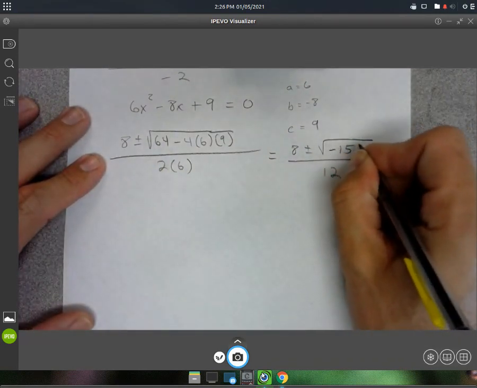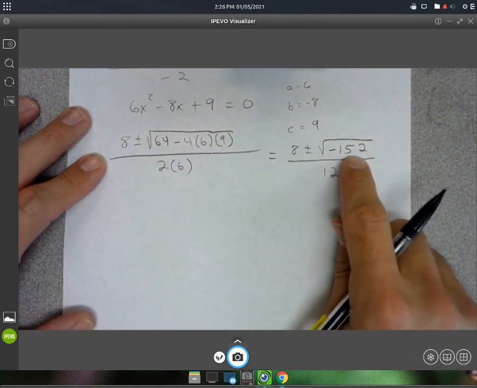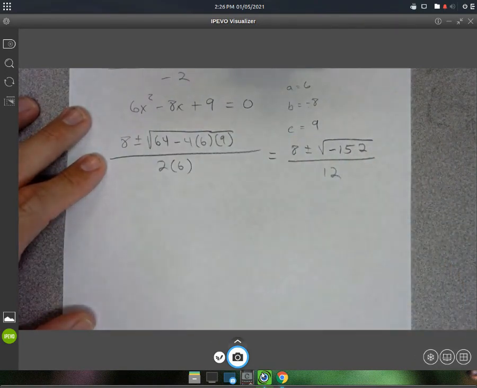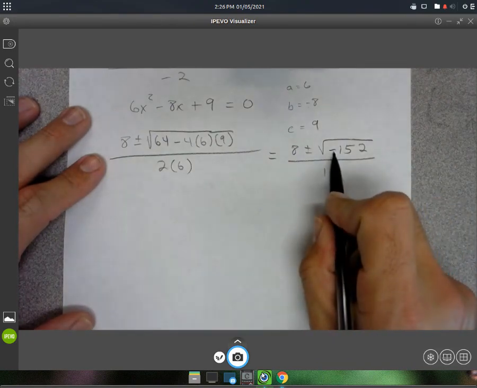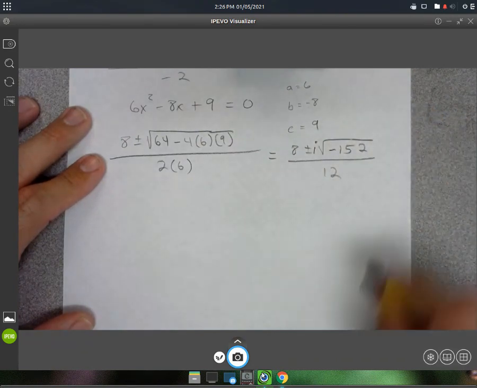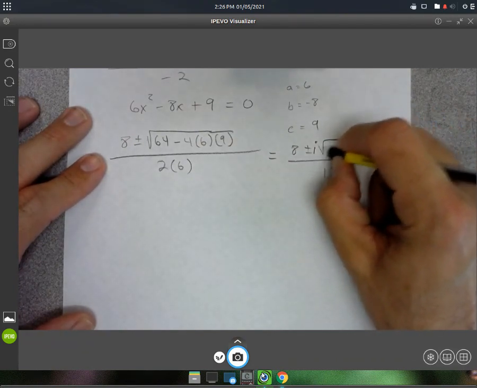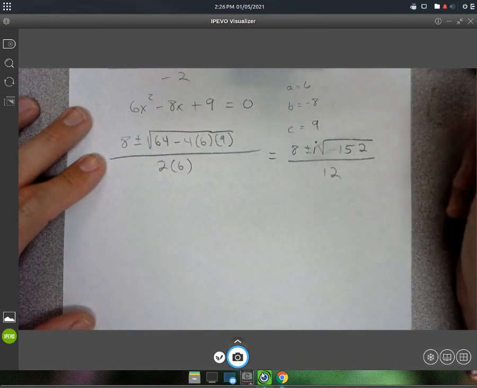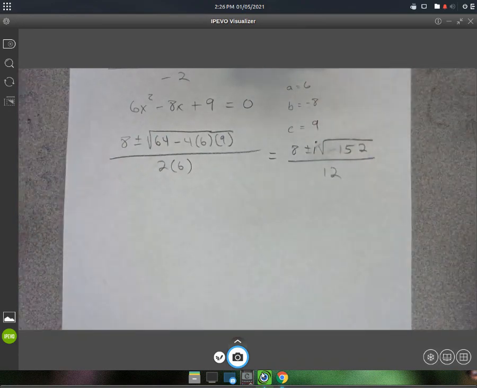And again, there is a way of simplifying this even beyond just pulling out the i, but that's all we're going to do. So because there's a negative in here, we're going to pull that i out here, and then this magically becomes positive. Okay? And that's it for that one.